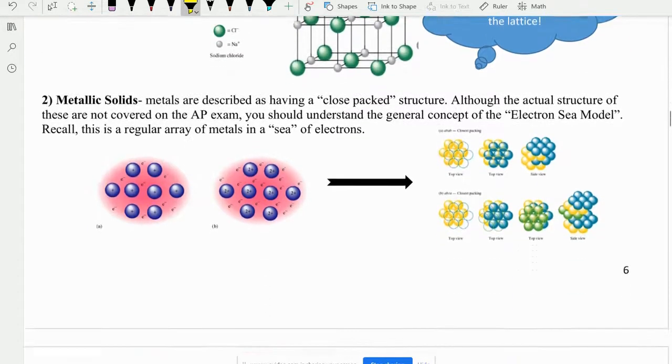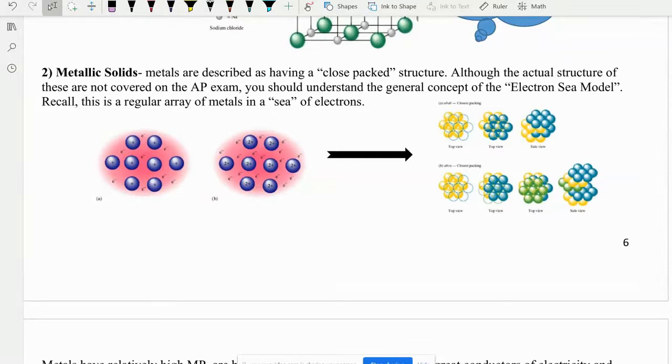Okay, moving on, we have another type of solid. We've learned about this, I believe, in the last unit when we talked about the electron sea model. Again, all these concepts keep cycling back in. You'll see them coming back and forth all year. Anyway, metallic solids sound like what they are, strictly metals.